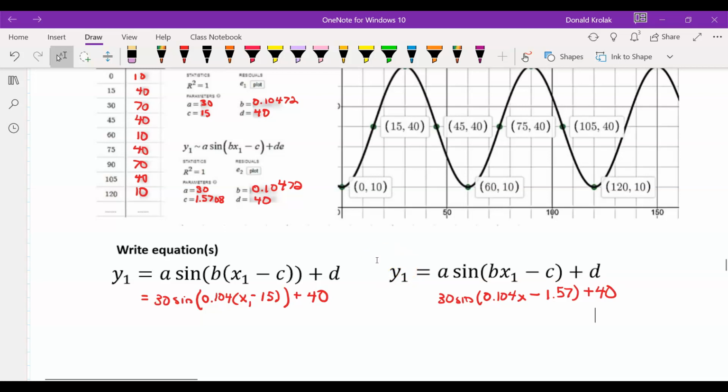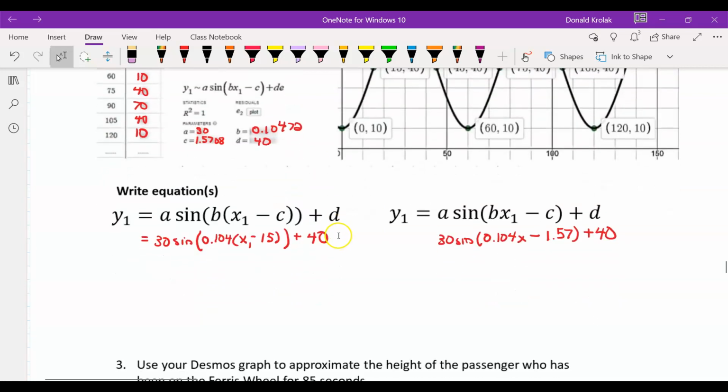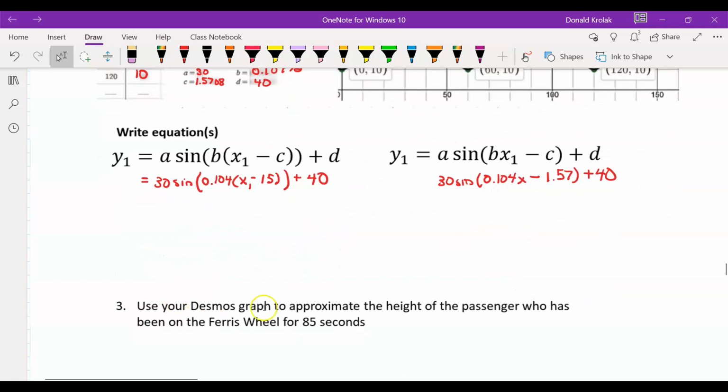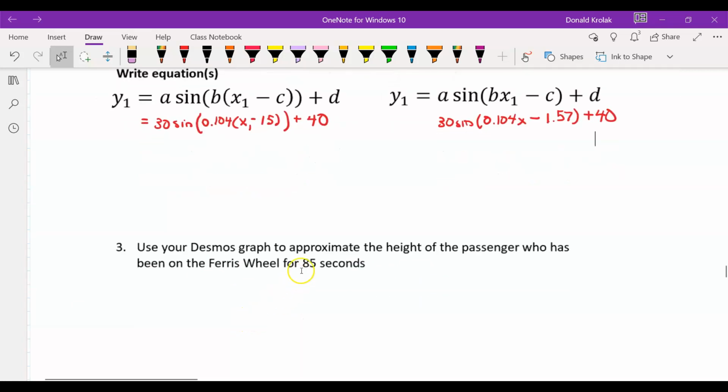All right. Then we're going to answer a couple of questions using Desmos once we've got these typed in. It says, use your Desmos graph to approximate the height of the passenger who's been on the Ferris wheel for 85 seconds.